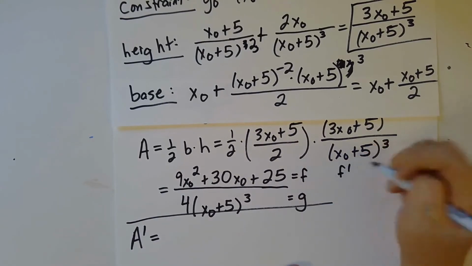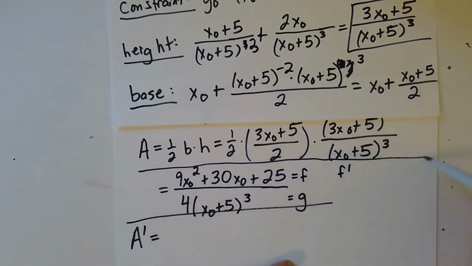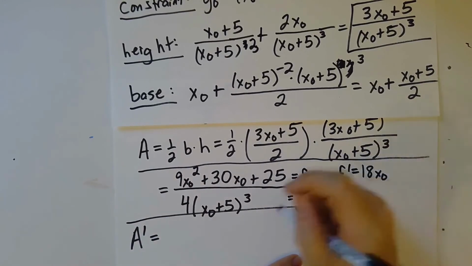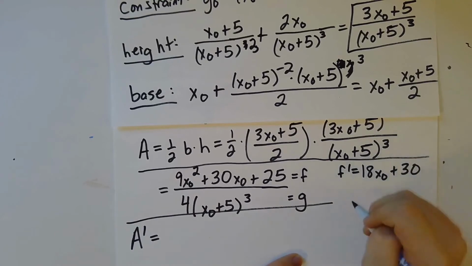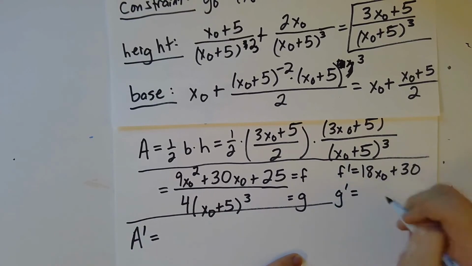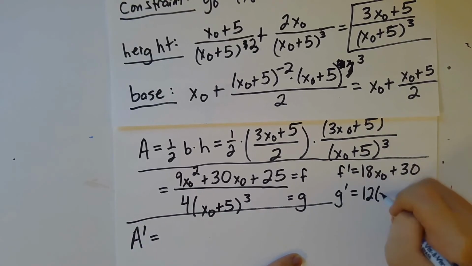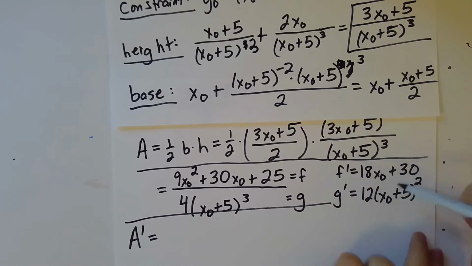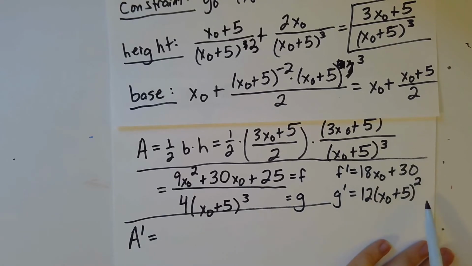So I'll go ahead and record over here for future reference. f prime is 18x naught plus 30. g prime is 12 times (x naught plus 5) squared, and then from the chain rule I also get a times 1.